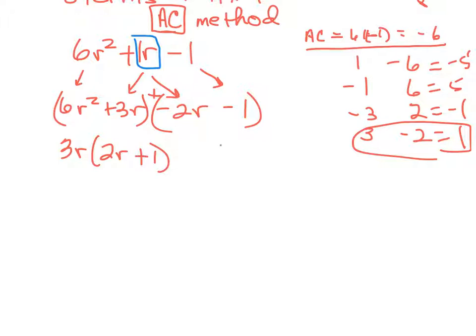Nikita and Alexandra, what would you want me to factor out of negative 2r minus 1 so that I could be left with a positive 2r plus 1? Negative 1, because both those signs are going to have to switch. Okay, good. Negative 1 out of negative 2r leaves 2r. Negative 1 out of negative 1 leaves 1. And so my answer is going to have a factor of 2r plus 1 and another factor of 3r minus 1.